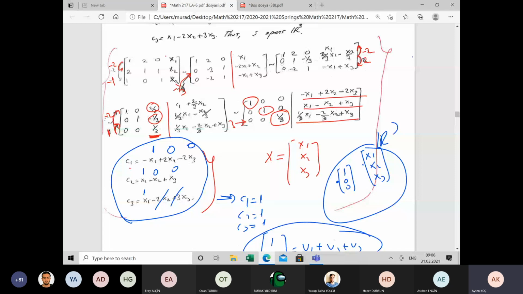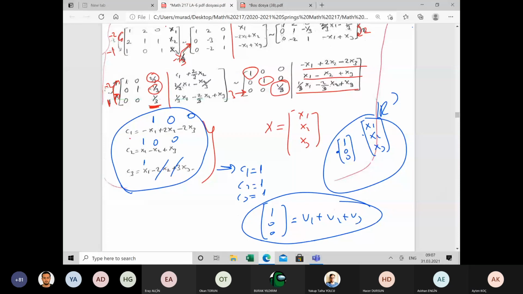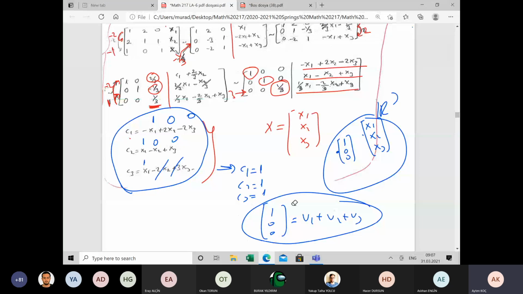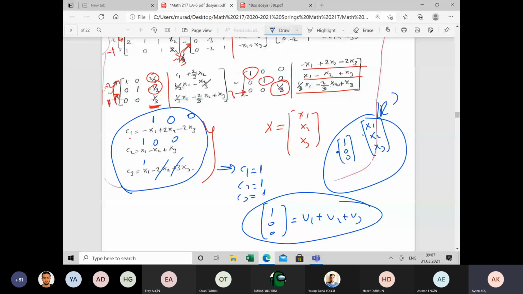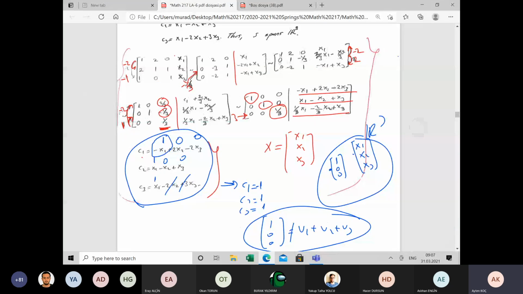What's the reason? We get a contradiction because we take C1, 1, 1, 1, and it is not equal to this one. But be careful, x1 is 1, minus 1, should be minus 1. It's okay? And let's come back. Yes, now this one is equal.